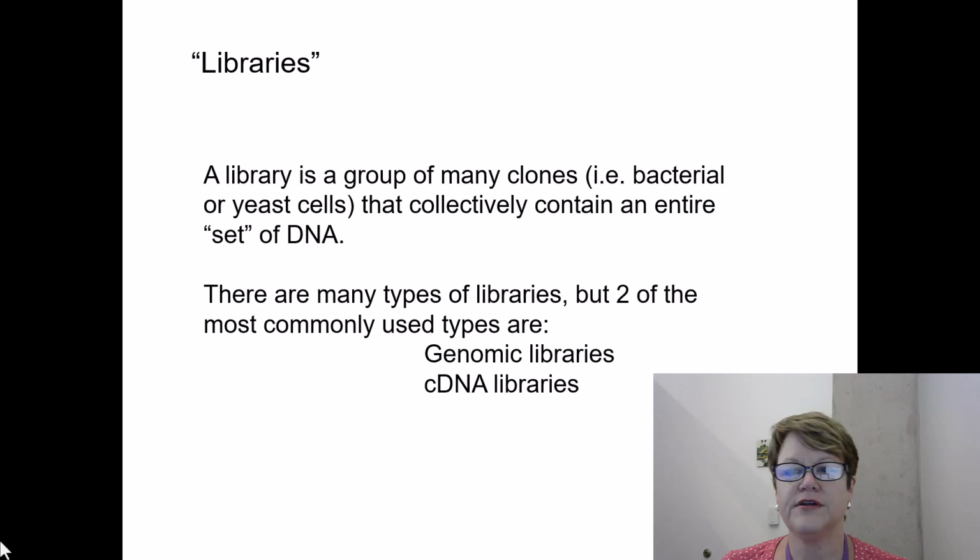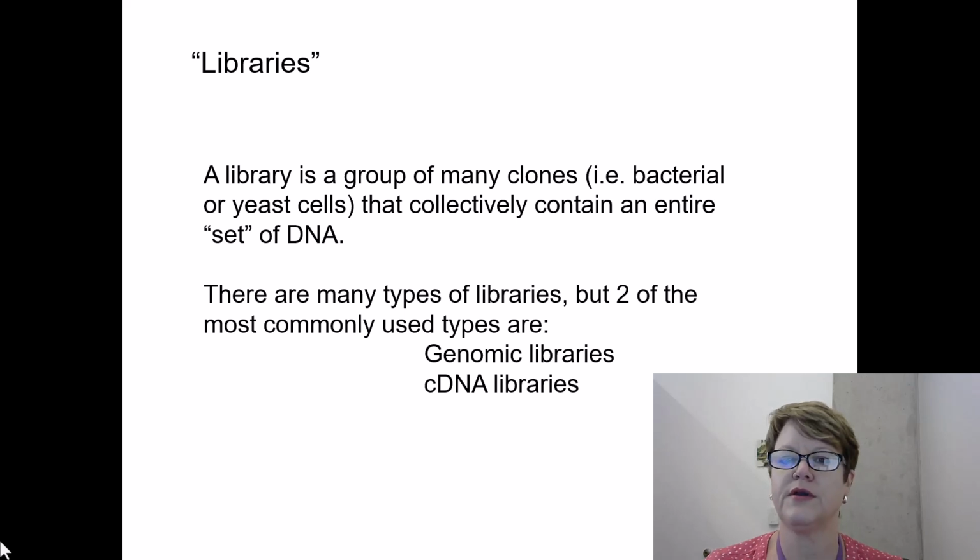The other kind of library is called a cDNA library. cDNA libraries represent just the genes from a genome. The way you can get the genes out of a genome without getting all the repeat sequences and such is that you start with a tissue and extract the mRNA from the tissue. Then you do a reverse transcription to make DNA from that mRNA.